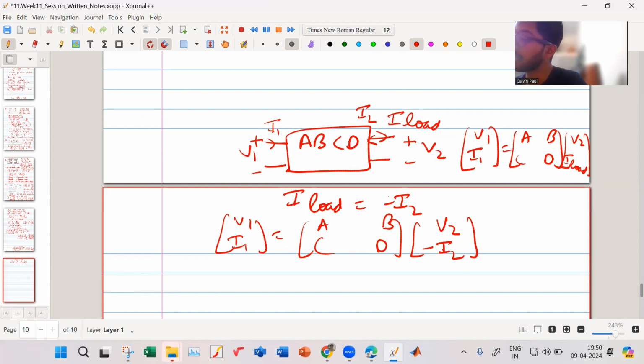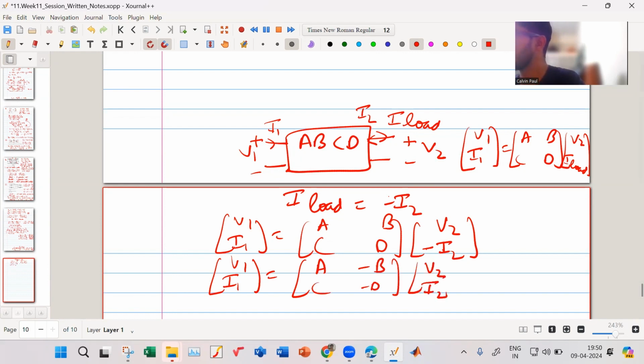And what I have done is I've taken this minus sign into the matrix. So I've got V1, I1 equal to [A, minus B; C, minus D] times V2, I2.